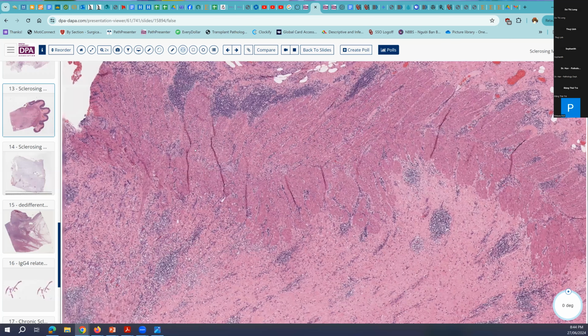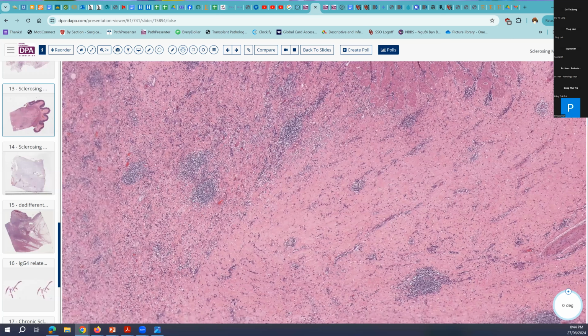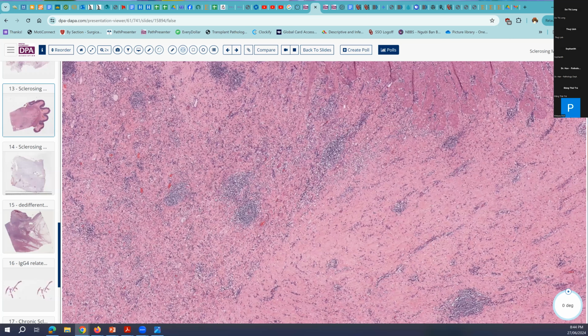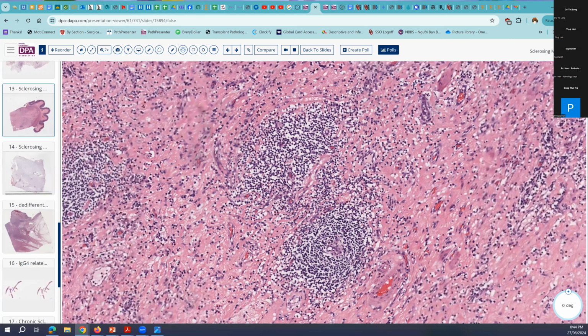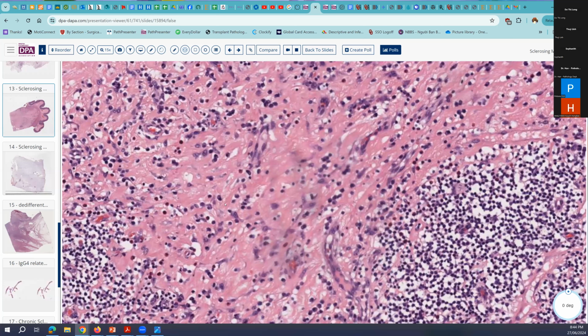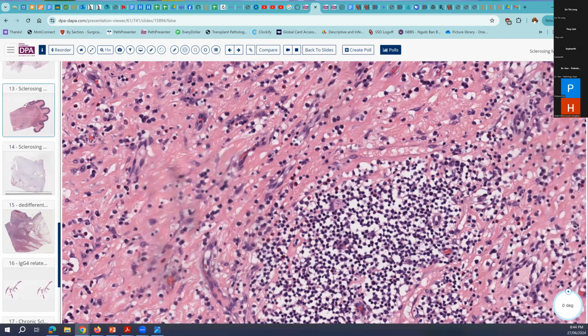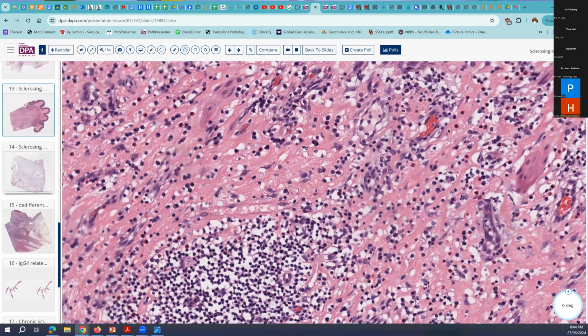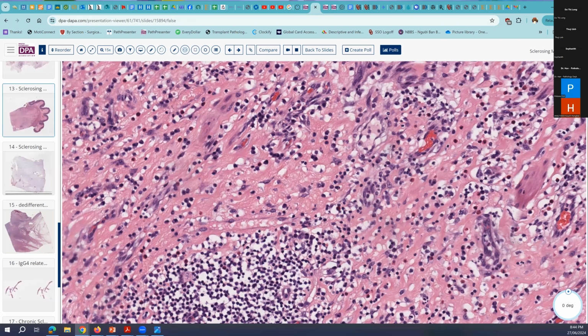So this raised an interesting differential, one of which would be, I think, whenever you see this mixture of lymphocytes, plasma cells, and some accompanying eosinophils, you do want to think about the possibility of IgG4-related disease. That's a possibility in a number of organs, and we'll show you some other examples of that in a minute. But that was a consideration.